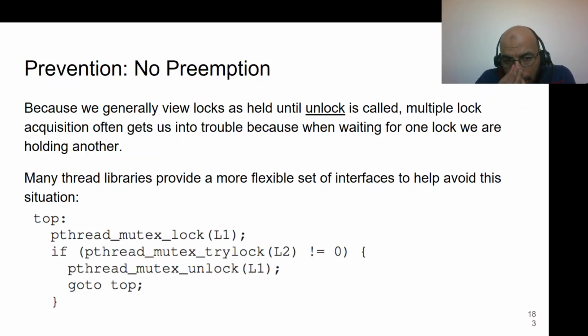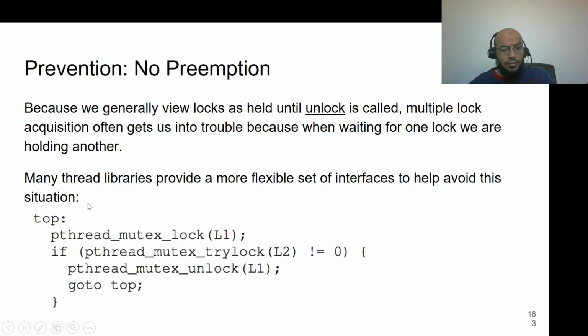Some APIs, some programming languages, and some interfaces allow you to try a lock. You do not lock a lock, you just try a lock. So you acquire it, you have it now, but if you end up not waiting on any of the other locks, you're just going to unlock.